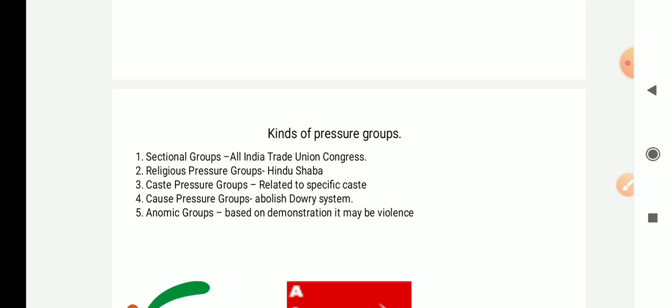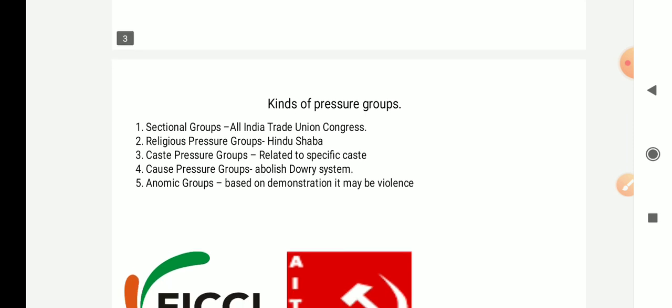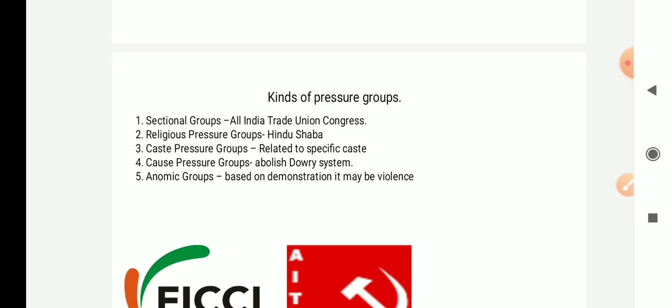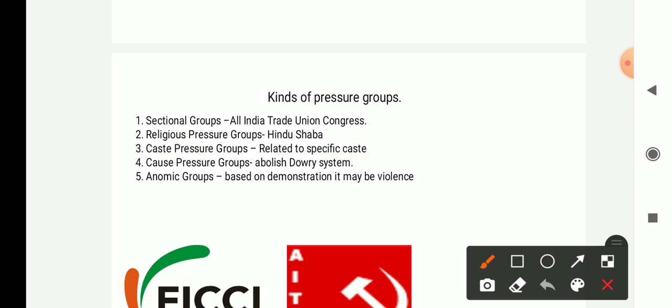Let's talk about now the kinds of pressure groups. How many kinds of pressure groups do exist there? So there are many kinds of pressure groups, and broadly we can divide them into two: economic pressure groups and non-economic pressure groups, and they have been categorized here into different groups.